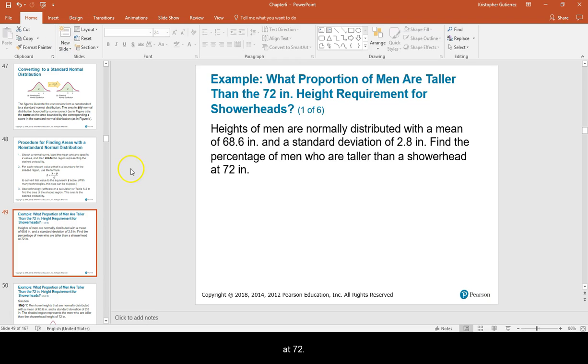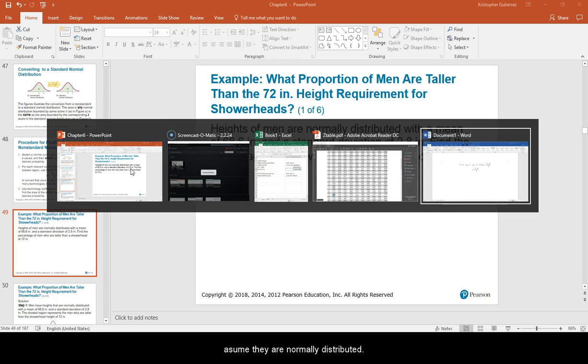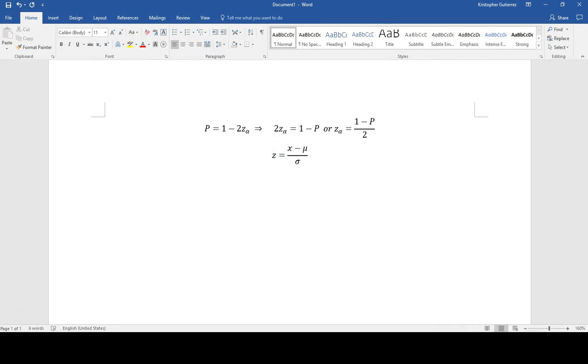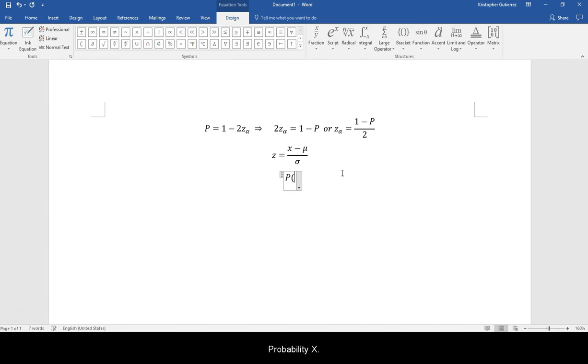Well, x is greater than 72. Assume they are normally distributed. We have our formula here. What would our z-score for that be?